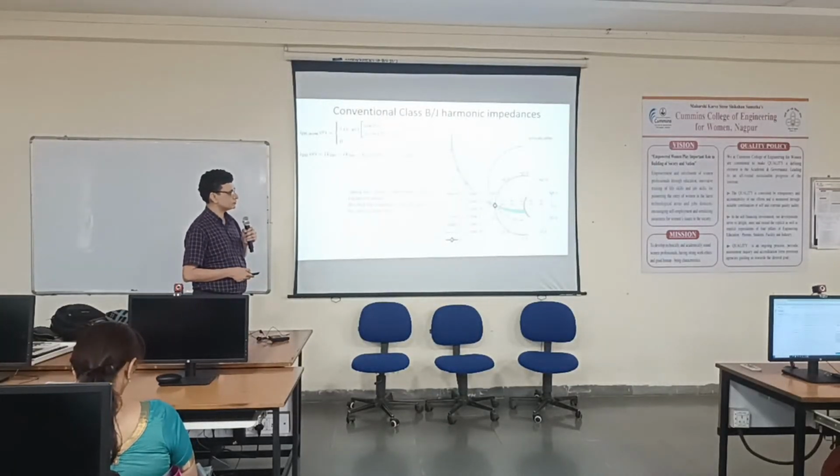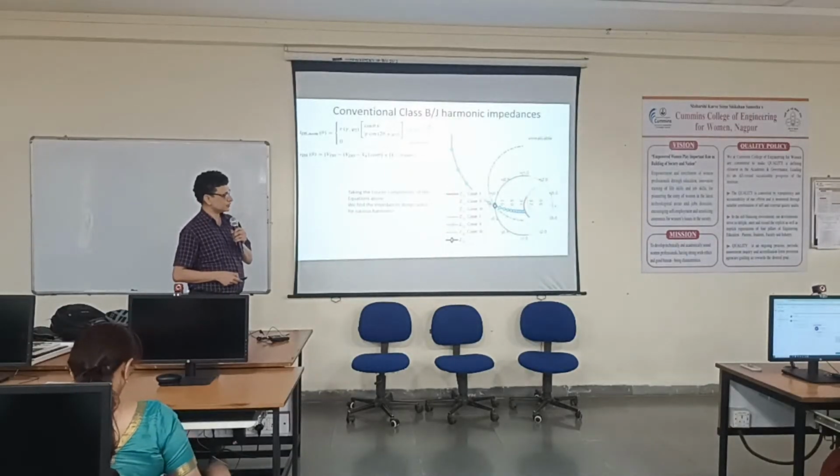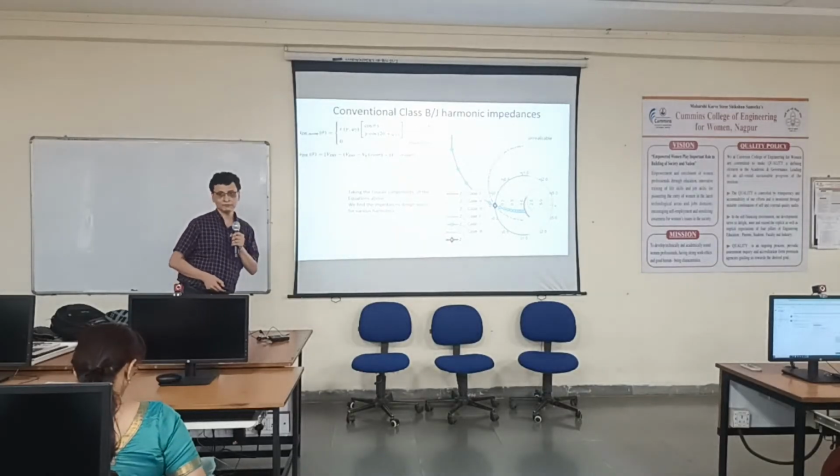So for example, for case 1, which is the simple class B amplifier, this is the load that we choose, which is what I have already shown. But if we take it to the second case, that is for maximum conduction angle, then you see that this orange line becomes this gray line. And for the third case, which is minimum conduction angle, this orange line becomes this dotted pink line.